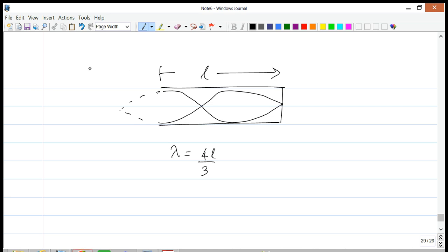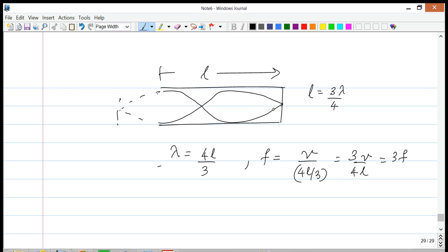L is 3 lambda over 4, so the wavelength is 4L over 3. Now I can write my frequency as v divided by 4L over 3, which is 3v over 4L, which is 3 times f1.